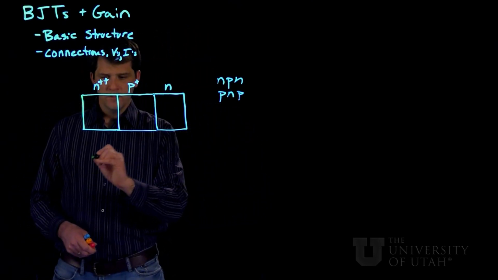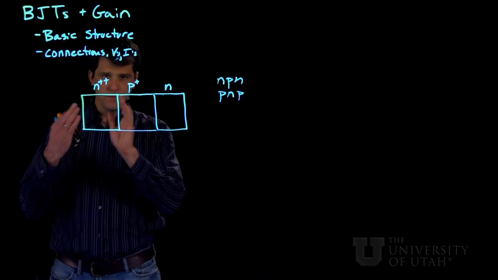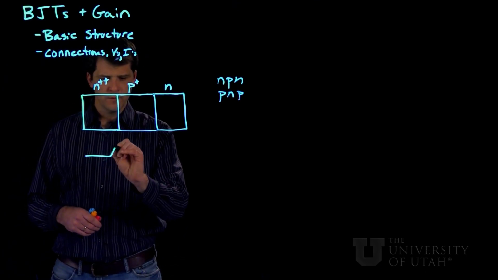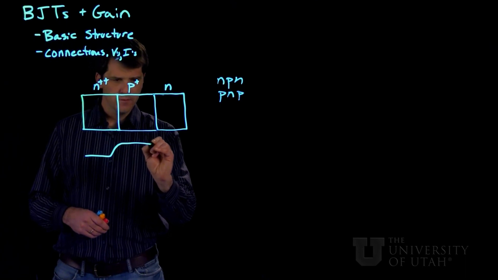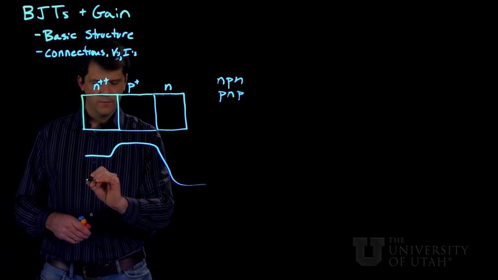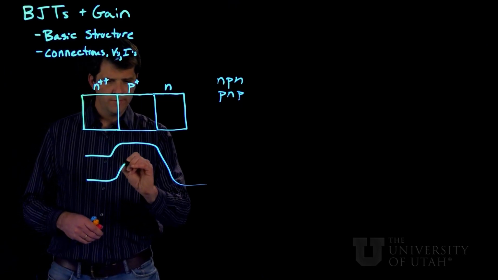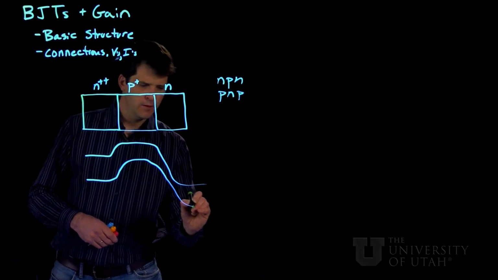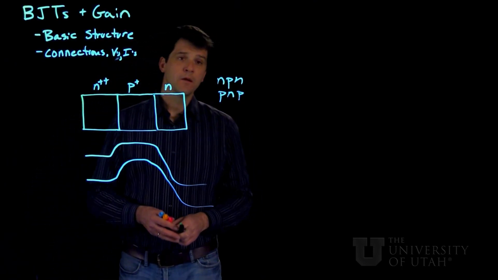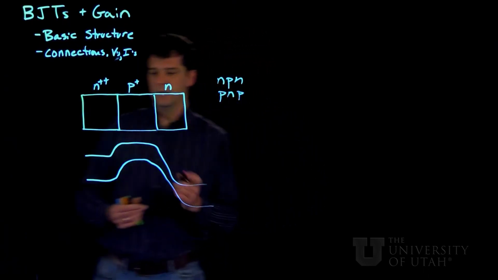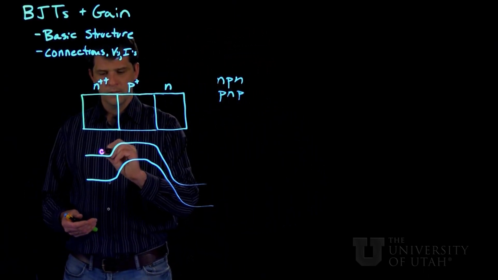So the band diagram, because of the doping, looks something along these lines in normal operating conditions. So we have something very, very similar to what we saw in the case of the band diagram along the channel in a MOSFET.